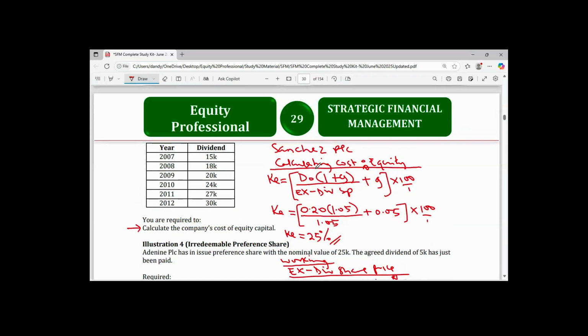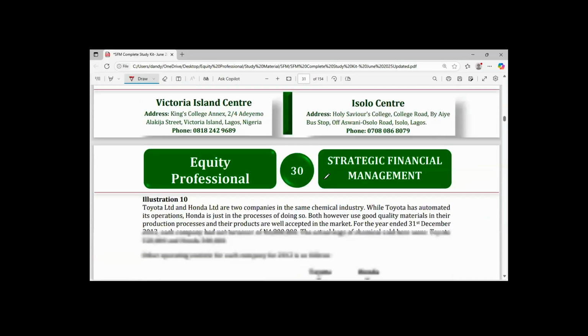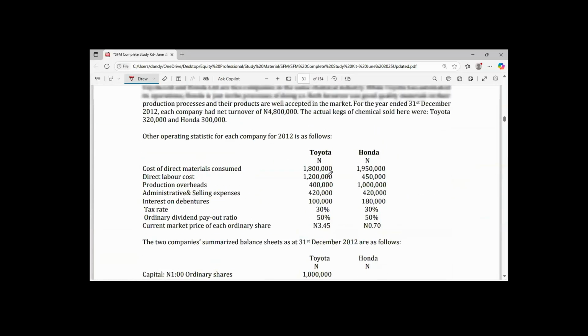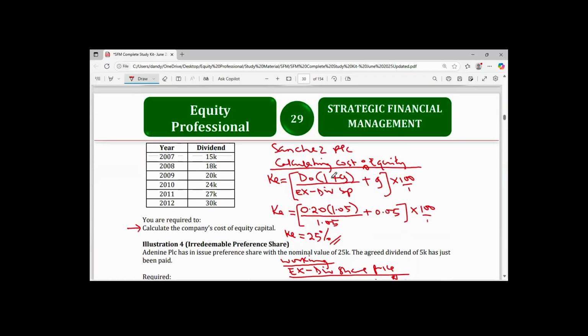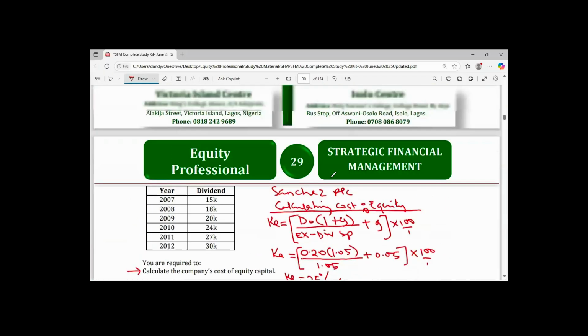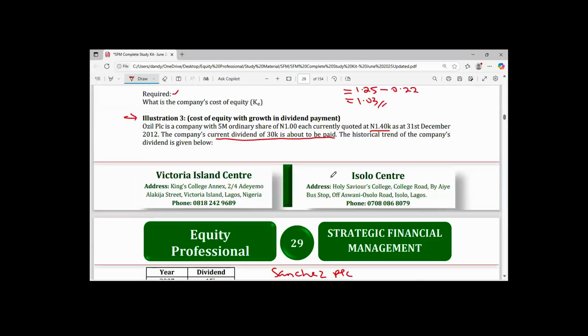Before I switch, because I will need a bigger space to solve this, you want to calculate cost of equity. You have been given the market price of the company's share to be 1 naira 40 kobo.